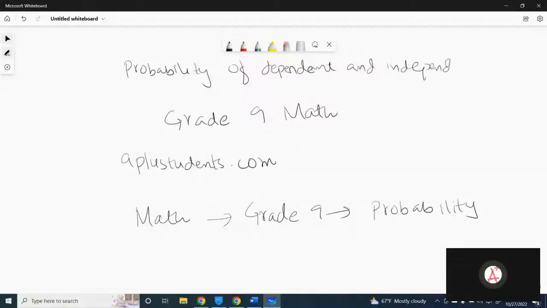Please make sure you have your notebook and pencil so that you can note down the important points and the examples. Got it? So let's start with the topic.